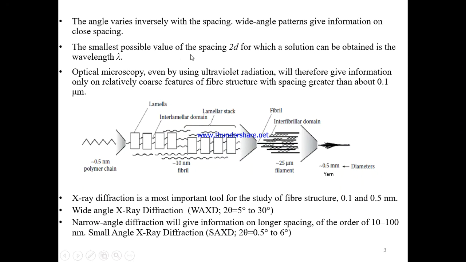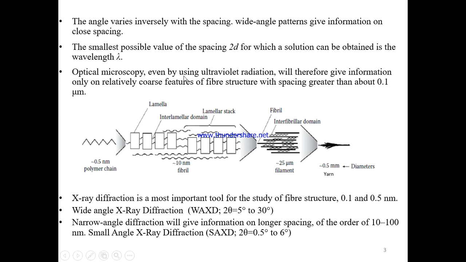The smallest possible value of spacing 2d for which a solution can be obtained is the wavelength lambda. The value of lambda in nanometers will be the smallest possible spacing 2d. So you cannot measure a spacing smaller than the dimension of lambda. That is important information or a concept you must understand in this technique.